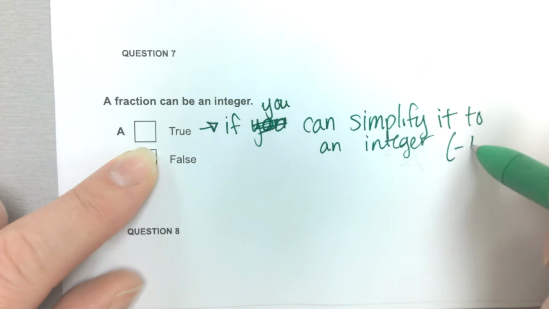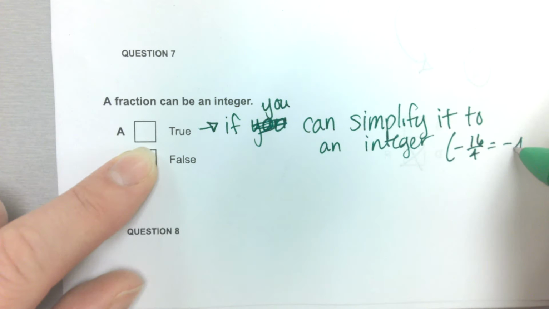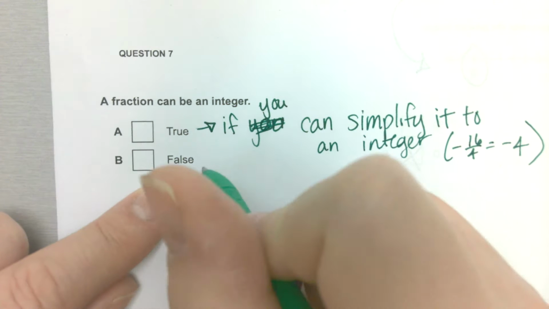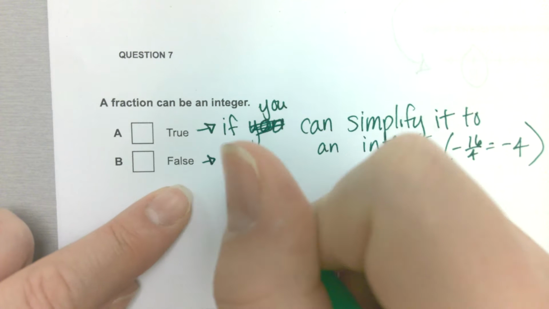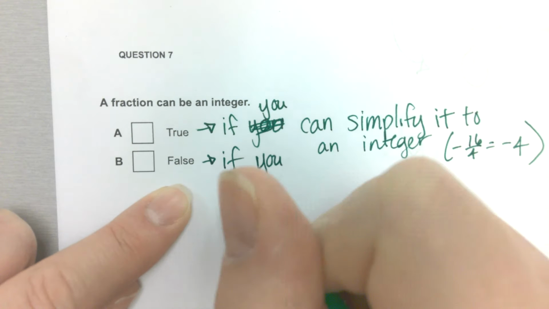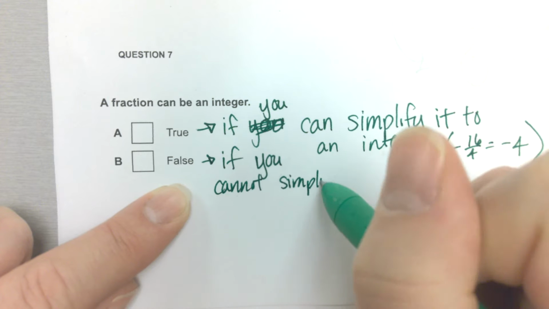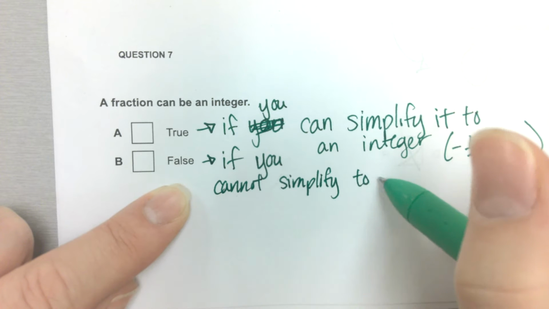Like before, we had the negative 16 over 4 that equaled negative 4. That's a fraction that could be an integer. It's false if you cannot simplify to an integer.